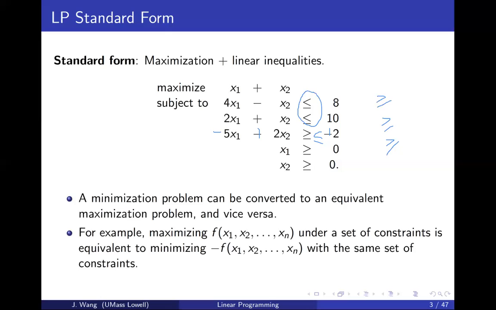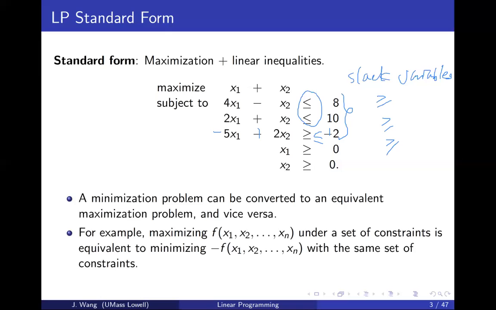Okay, then we also know that dealing with inequalities is harder than dealing with equalities. So then we can turn each inequality into an equality by adding slack variables. Okay, slack variables.